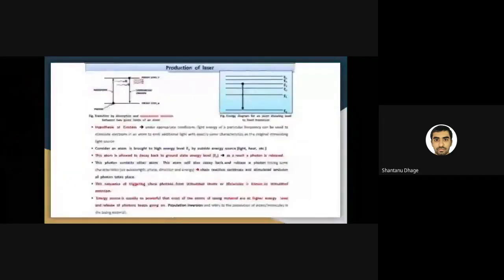As I have shown in the diagram also, you have the lasing material or the lasing medium as shown over here.